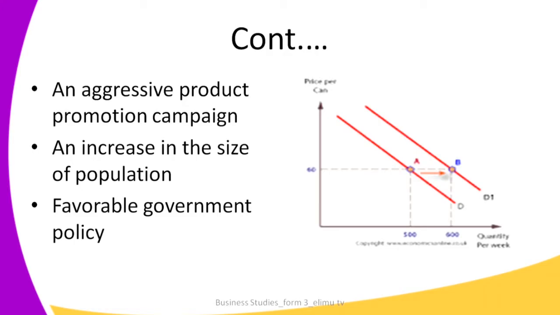And remember from the rule of demand, the higher the price, the lower the demand, and vice versa. So if the government has favorable policies like reducing tax or giving tax holidays, that increases the demand of a product, and therefore the demand curve shifts to the right.